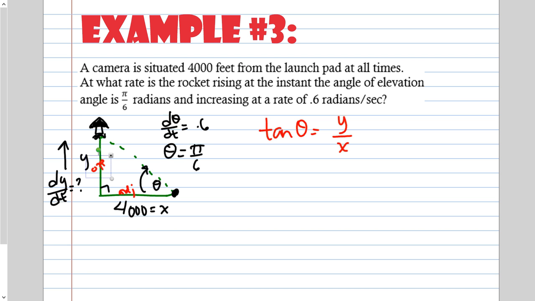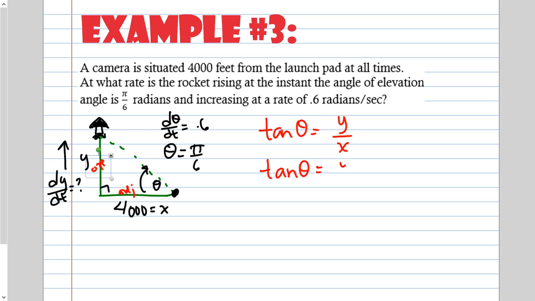Now, like example 1, the camera is situated. It's not going to be moving. So those 4,000 feet are constant. So we can go ahead and just take care of that right at the beginning.